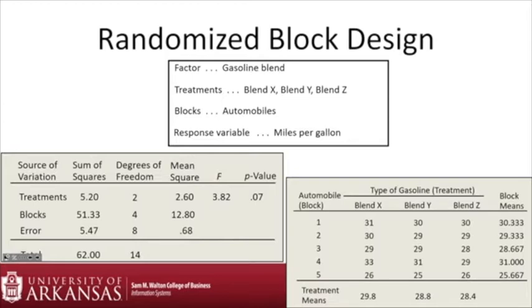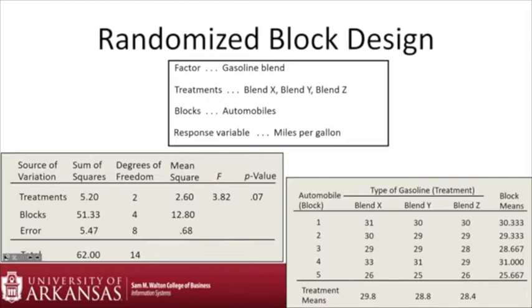So I'm interested in gasoline blends. Treatment is going to be, I've got 3 different treatments, 3 different blends that I'm going to test. My blocks, I'm going to block on automobile because I think maybe automobile makes a difference.